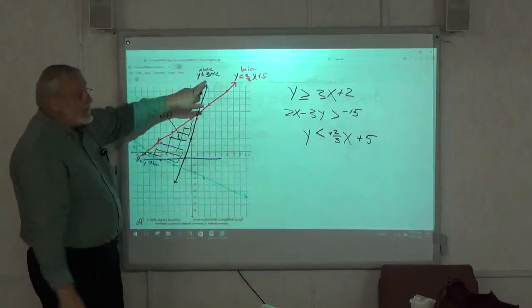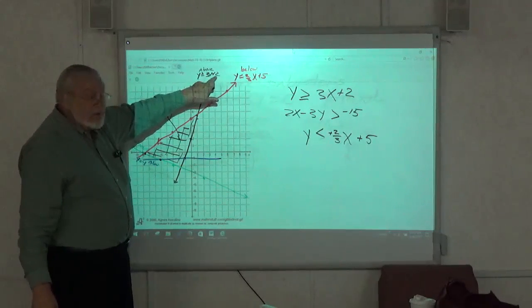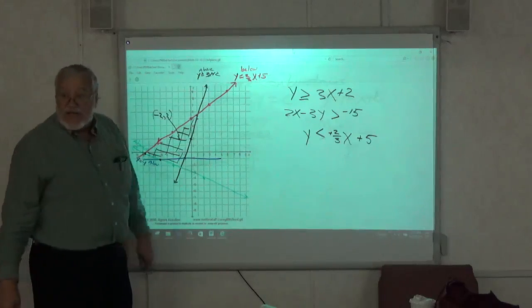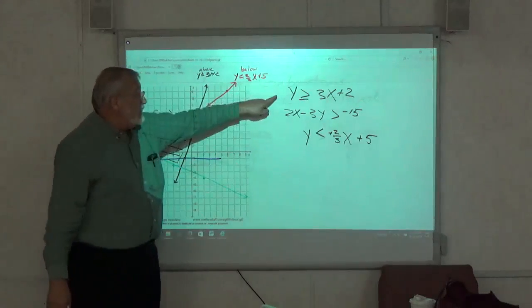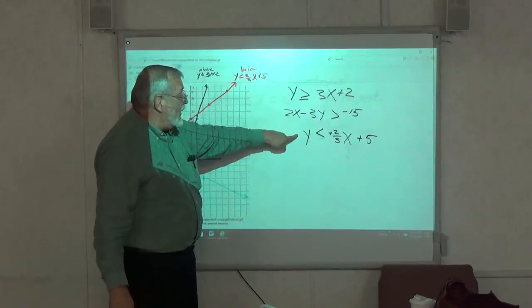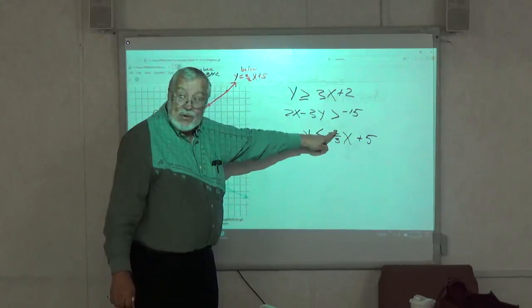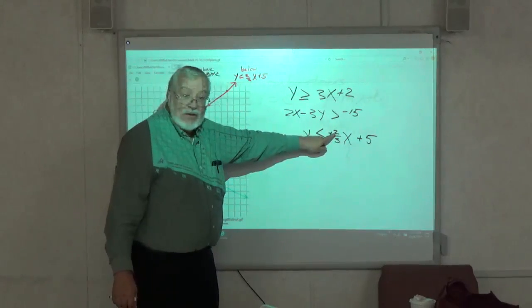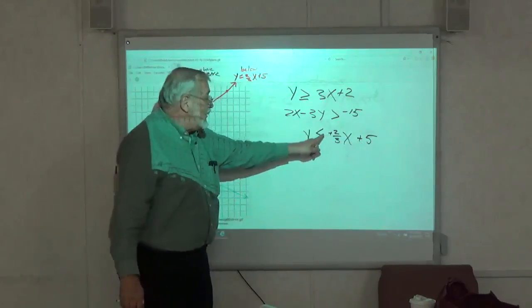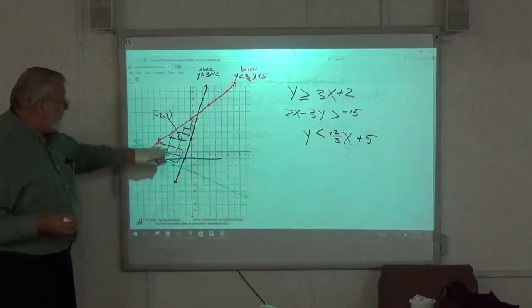This is -6 plus 2, -4, this is 2. 2 is greater than -4. Is that true? Yes. The same thing would be true here. What happens when x is -2? This becomes a negative number less than 1, so that'll make this 4, but this is 2. 4 is bigger than 2, and so it'll also be true. All of them will end up being true in this area.